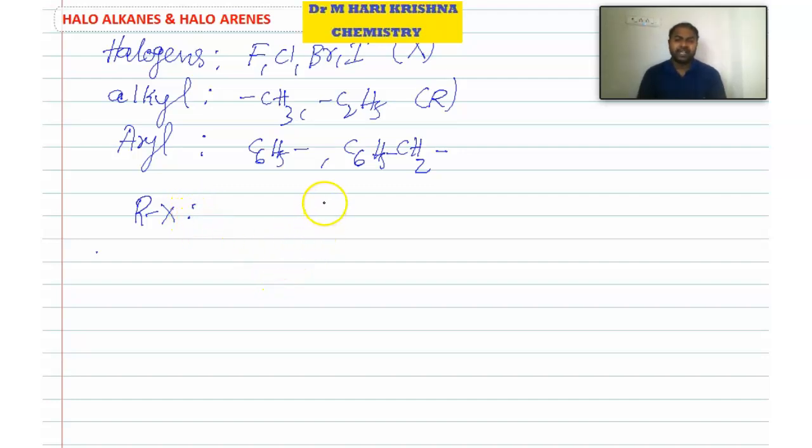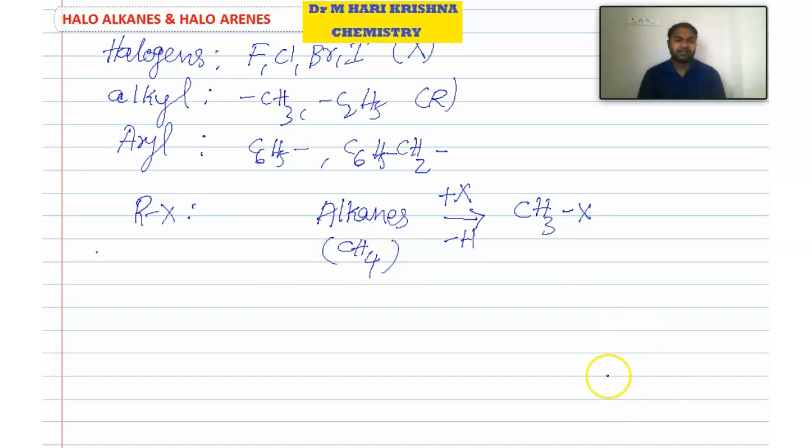So normally how does RX come? If you take any alkane, suppose take CH4 as an example. From the alkane, remove one hydrogen and substitute one halogen. So remove one hydrogen, add one halogen. That means CH3X. So this CH3X is a model of RX.